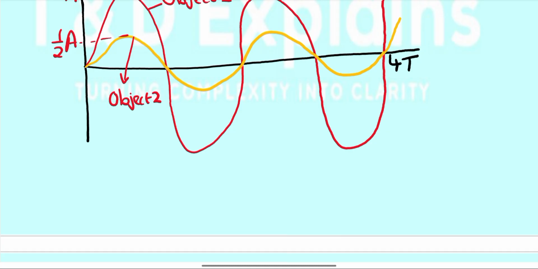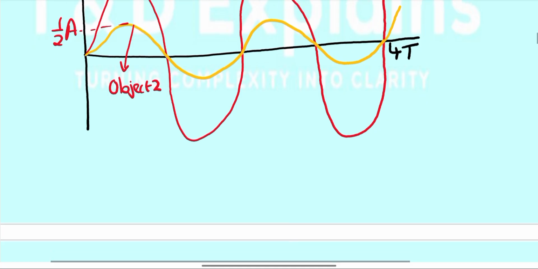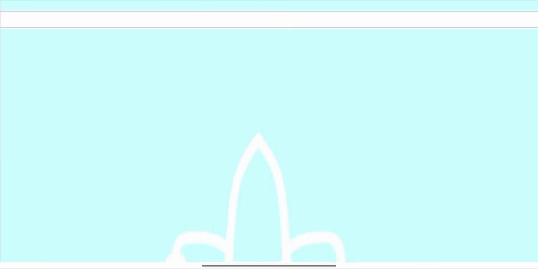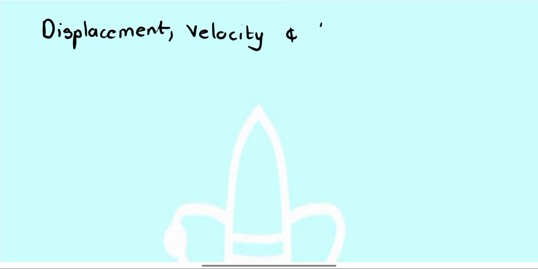It is going to apply in some of the calculations that are going to appear under this question. So let's look again at the relationship between displacement, velocity, and acceleration.